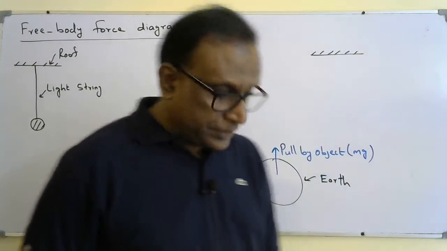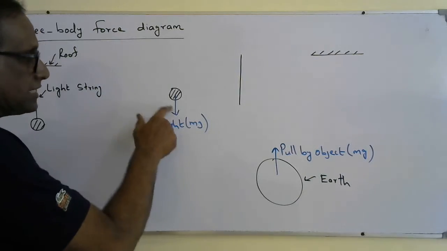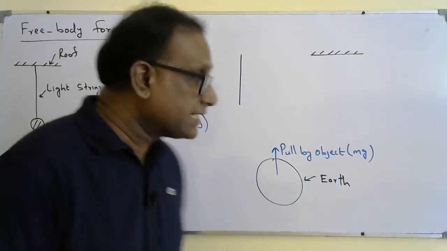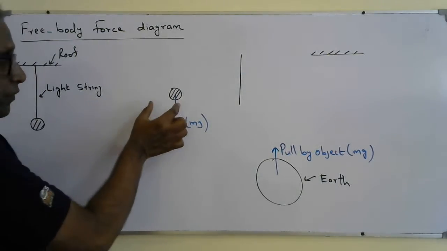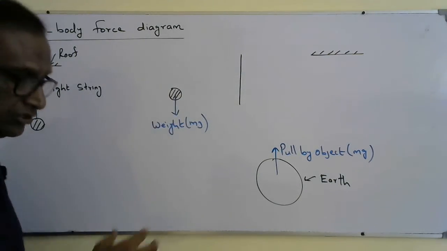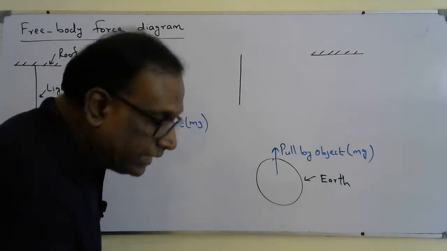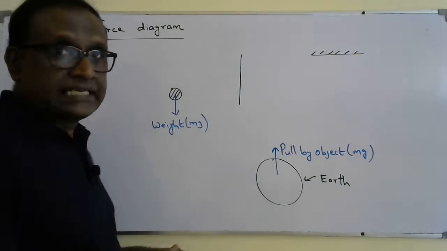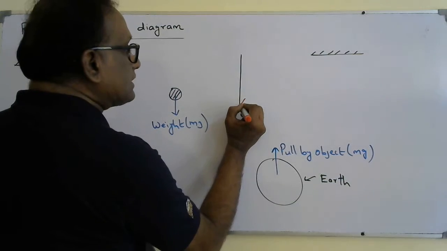Okay, so next, what happens? If this is the only force acting on the object, it would have fallen, but it's not falling. It's at rest, hanging from a string. So the object will try to fall down, so it will pull the string downward, a stretching force, a contact force. It will pull the string down.